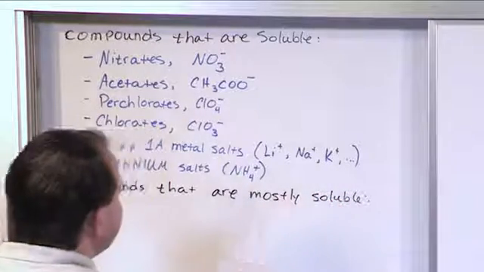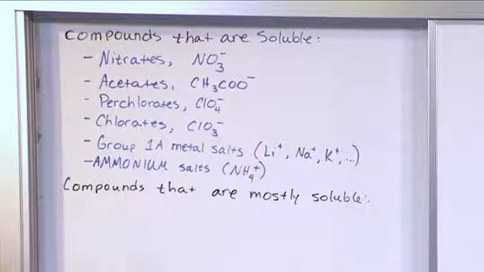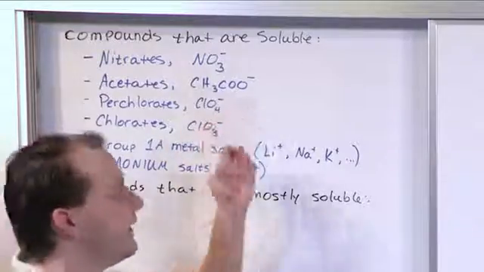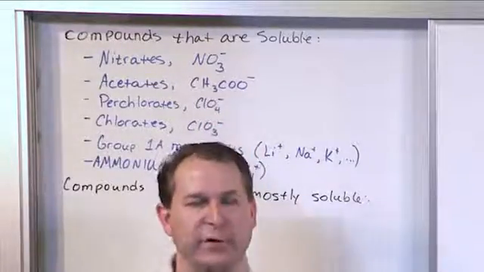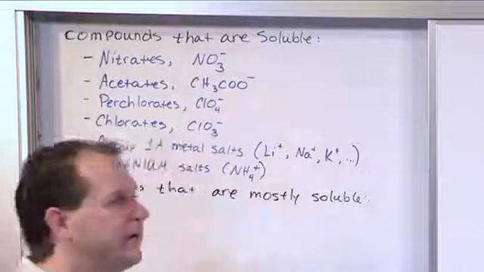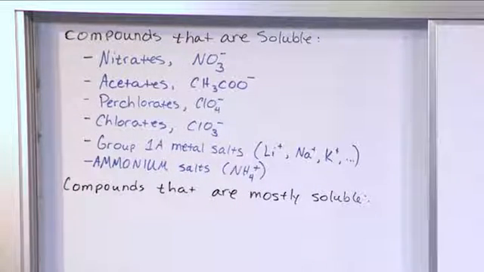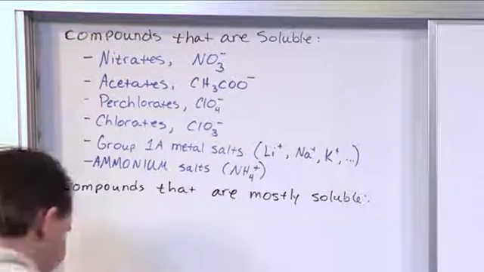In other words, these are soluble compounds, so they do dissolve in water, but just maybe not quite as rapidly or as readily as the first list. They dissolve, but they don't dissolve instantly.